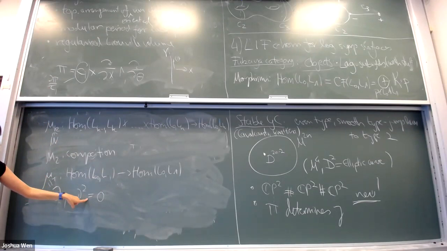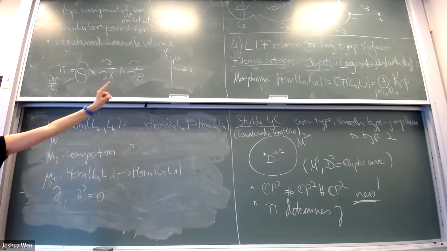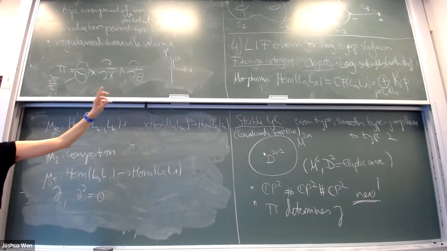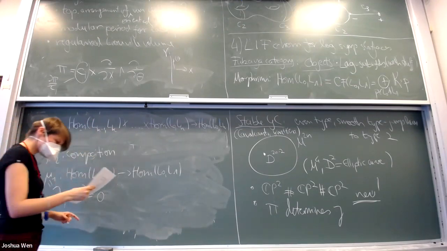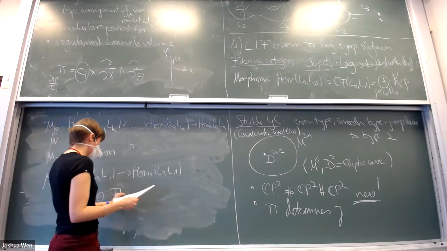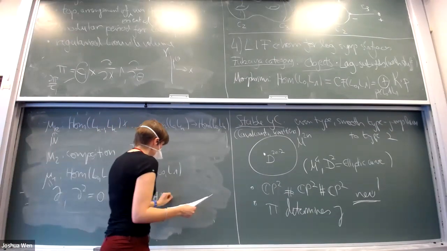It squares to 0 precisely when we've chosen the right class of Lagrangian submanifolds. And this is often non-trivial. So you usually can't take all Lagrangians or even all compact Lagrangians. You need to restrict further in order to make this a differential that squares to 0. And this is what's called the Floer differential.